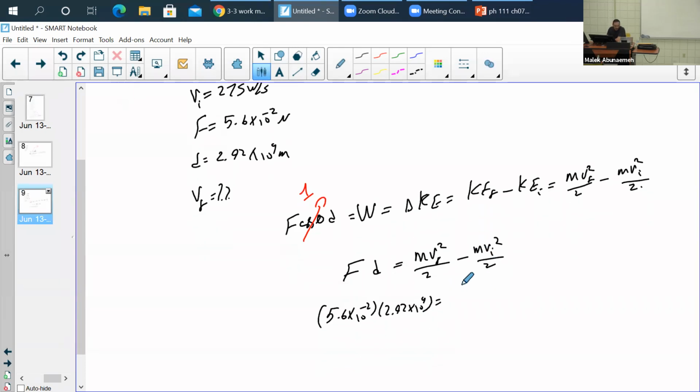So 474 multiplied by your v final squared, the one we need to find, divided by 2, minus your mass, which is 474, multiplied by your initial velocity, which is 275 squared, divided by 2.